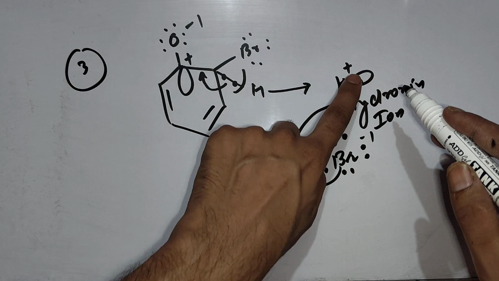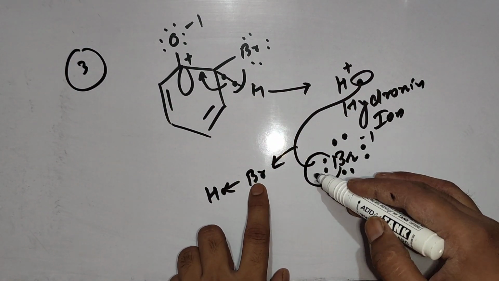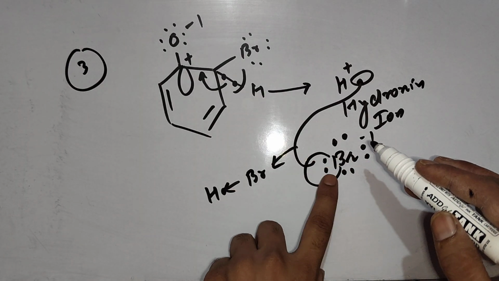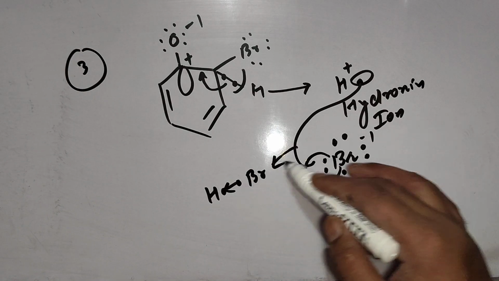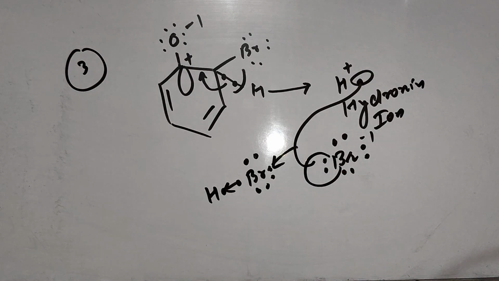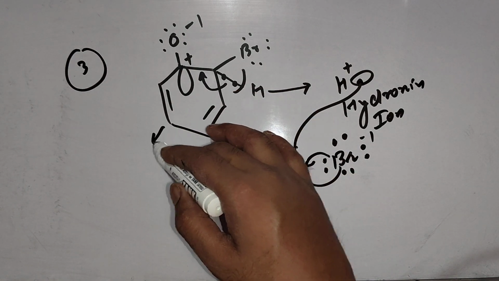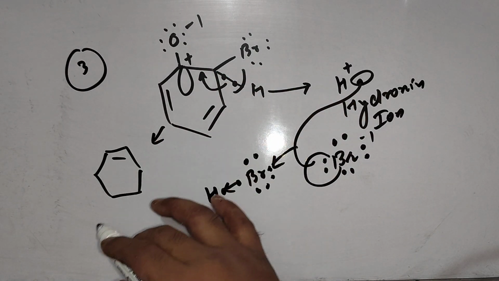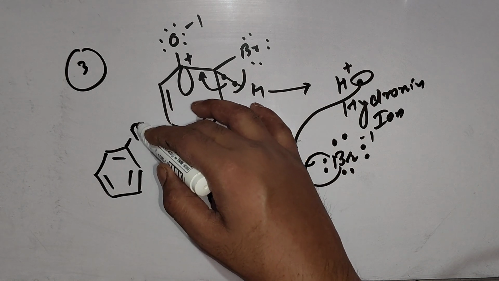So because hydrogen is getting 1 electron completely toward itself, its positive charge will finish, and bromine is losing 1 electron completely toward hydrogen, so its negative charge will finish. Out of 2 electrons, 1 electron it has transferred toward hydrogen, 1 it will keep with itself, rest 3 lone pairs on it. So HBr will generate, hydrobromic acid as a side product. And what about this molecule? Between these two carbons bond will generate, so a pi bond will come. Rest of the molecule as it is, no change.